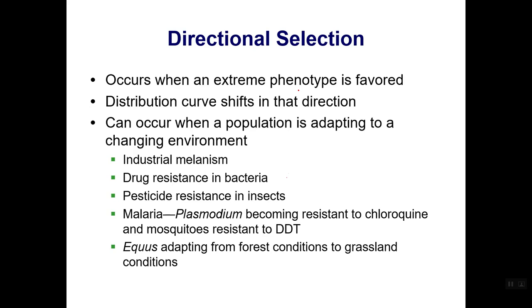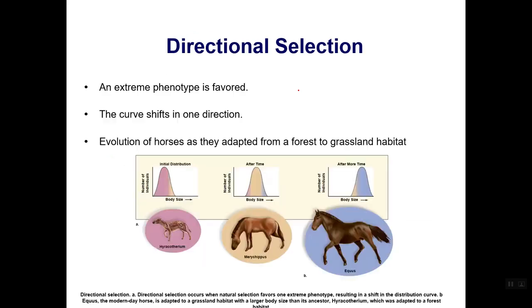Well, in their evolutionary history, it is documented that they were long ago more of a forest type animal, like a deer, for example. So this is an illustration of the distribution curve movement over time for horse species. So again, this is directional selection.